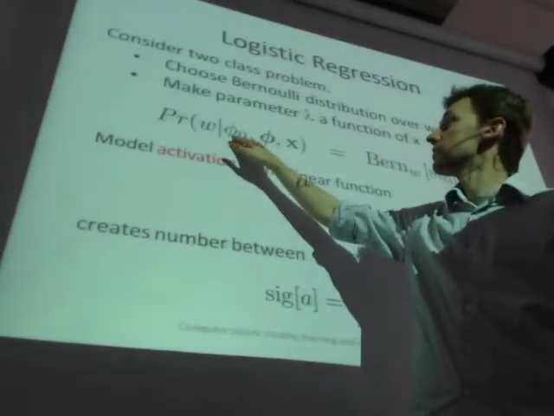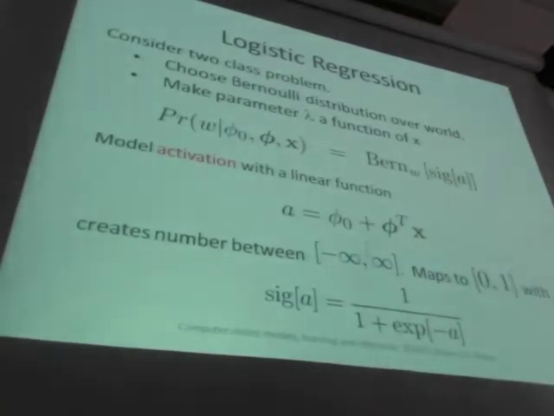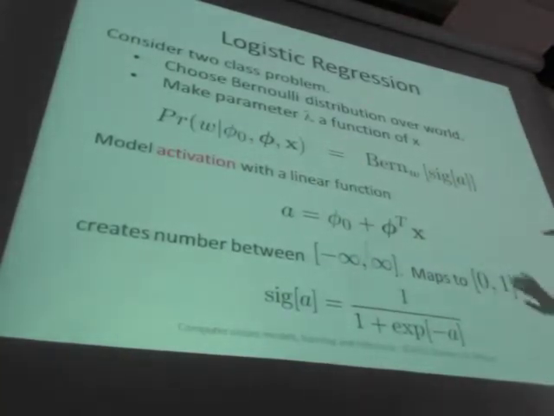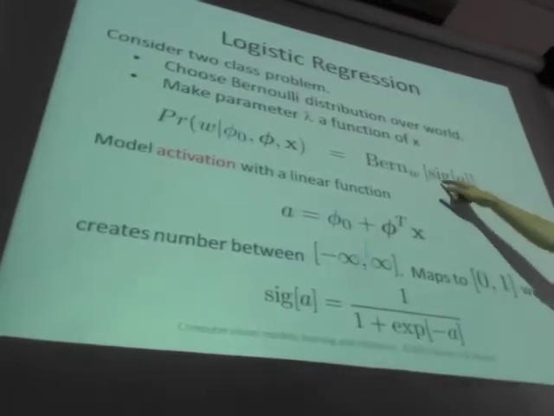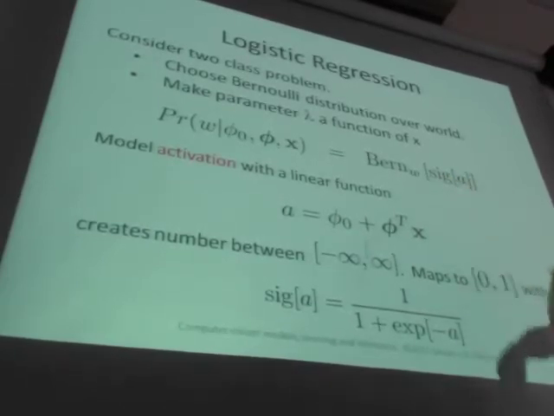It's going to be fed with our parameters phi0 and the phi vector and our data x, just like we did for regression. And the function sitting inside is going to be the logistic sigmoid function. Logistic sigmoid, I'll show you in just a moment, there'll be a slide, but basically it's the one that maps all the values that could go in between negative infinity and positive infinity into the range 0 to 1. So you're supposed to focus on the right side of that equation, not the left side.